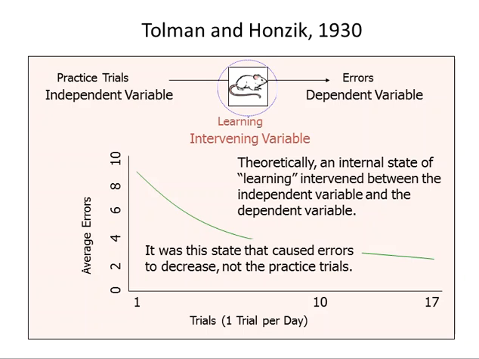It was this state that caused errors to decrease, not the practice trials. So the practice trials did not cause an impact on the dependent variable, the number of errors. What did cause it is learning, an intervening variable between the independent practice trial variable and the dependent variable of errors.